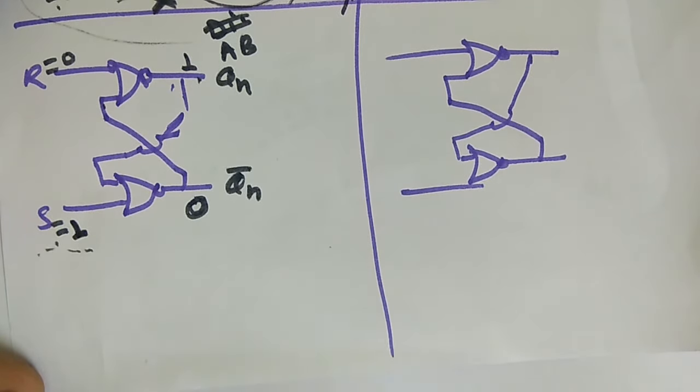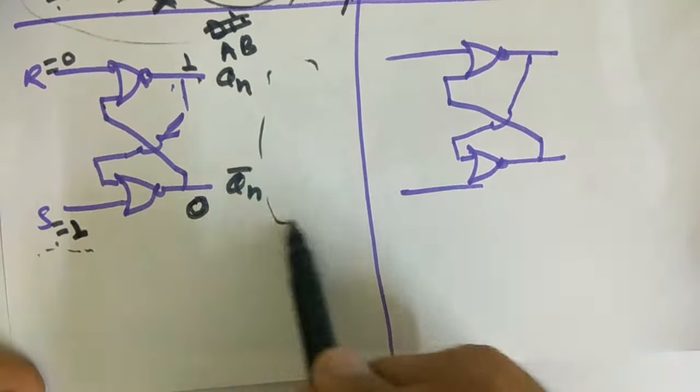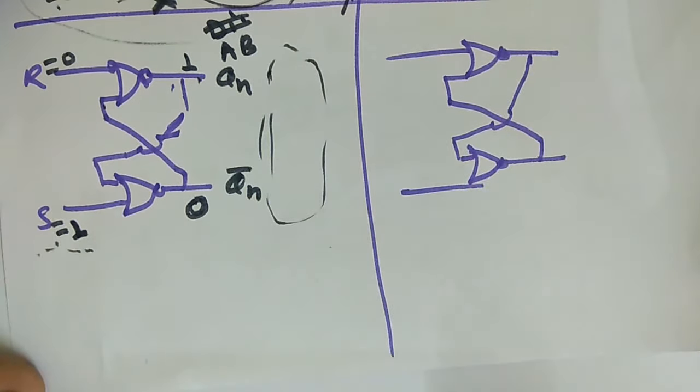If both are 0 0, we don't have any disable input. So how will we proceed? We will take the previous value and then move forward. So when both inputs are 0 0, we require the previous value of this output.